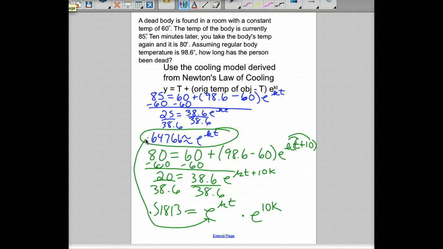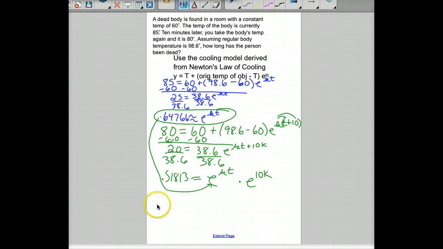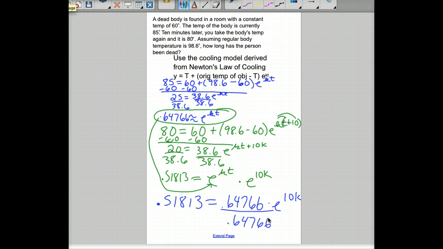Because we have two variables, we needed two equations to continue working. So here's our new equation. We can divide both sides by 0.64766.